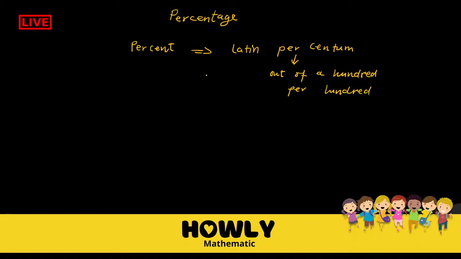So that's the meaning. What it means is that if I have 6%, this is out of 100. We are implying that it becomes 6/100.